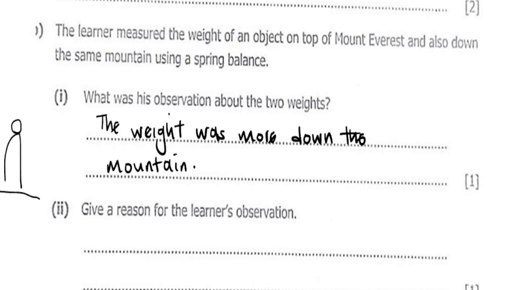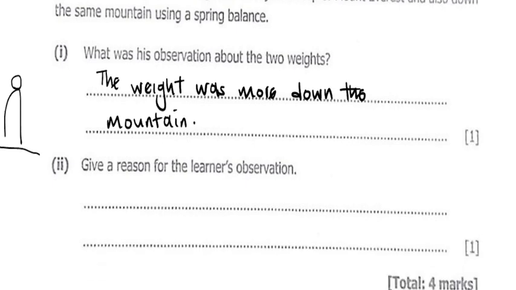Now, give a reason for the learner's observation. Why are we saying that? We are simply saying that because we are looking at the value of g. So the value of g on top will be less compared to down. So the value of g down will be more than on top.